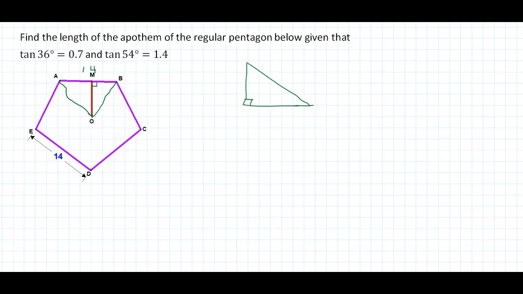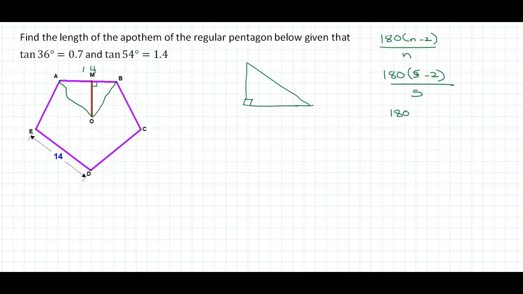Now, what is the angle for each of the, when you have a pentagon, remember that the sum of all the angles is 180 times n minus 2, and then we're going to divide by n. So let's go ahead and find what that is. 180 multiplied by n is 5 minus 2, divided by 5.